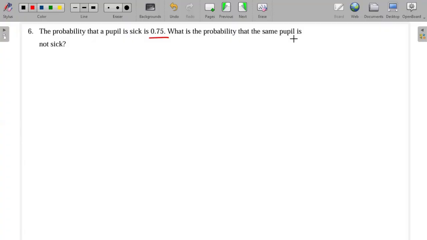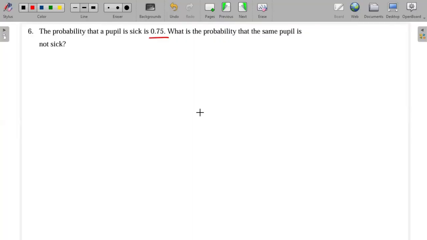So now here we're just using the law of total probability, right? So the total probability should always be equal to what? 1. So if the probability of this guy being sick is 0.75, what is the probability of him not being sick?